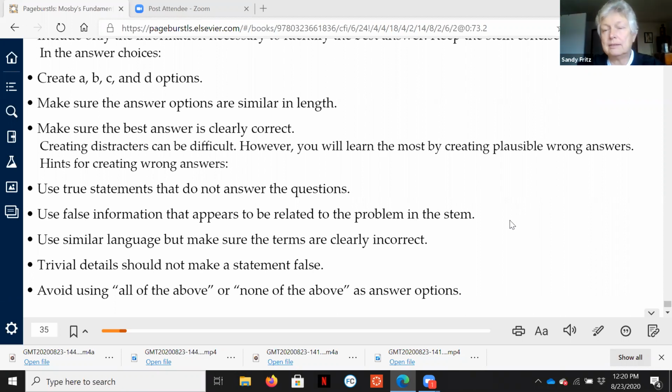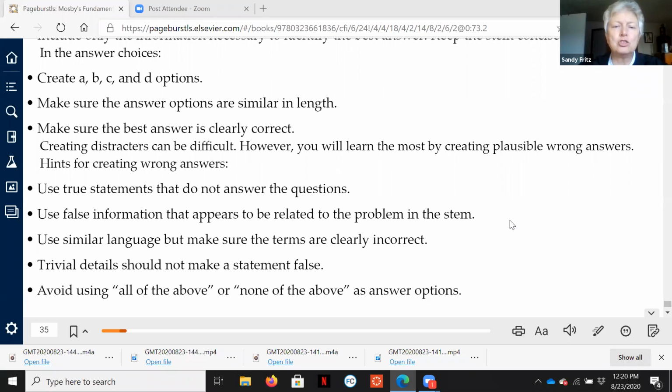So Latissimus Dorsi, it's a muscle on the back that works the arm, is an adductor of the shoulder. So it's going to work the upper limb. But if my location is an adductor of the hip, I can use Latissimus dorsi as one of my distractors, because it is true that it is an adductor, but it's not an adductor of the hip. So that's how you can also create wrong answers.